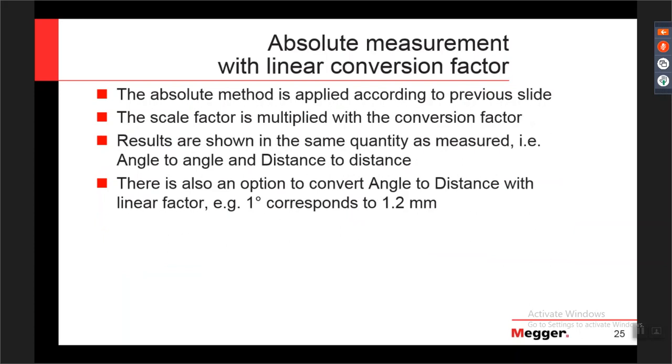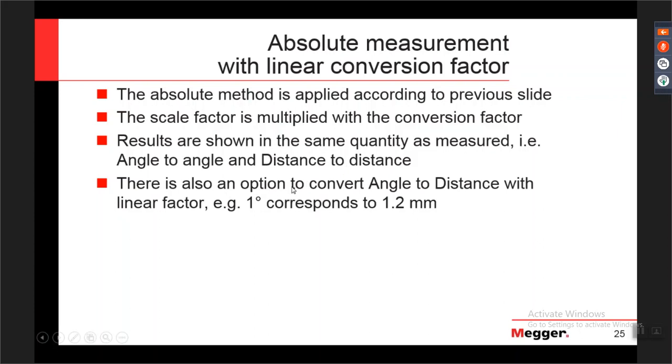This is perhaps a little bit too much information, but anyway, absolute measurement with linear conversion factor. In this case, you do the measurement according to the absolute method, but you multiply the scale factor with the conversion factor. And the results are shown in the same quantity as measured.